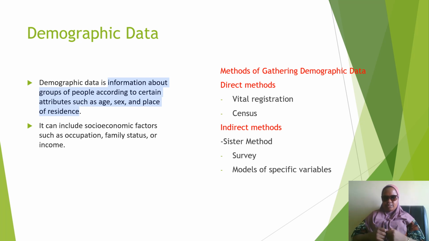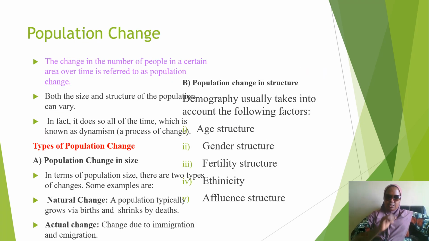There are models of specific variables. For example, if you are studying mortality, there are some models of mortality that you can use to gather such information. Likewise, on fertility, on whatever that you want to study, there are so many models that one can use.